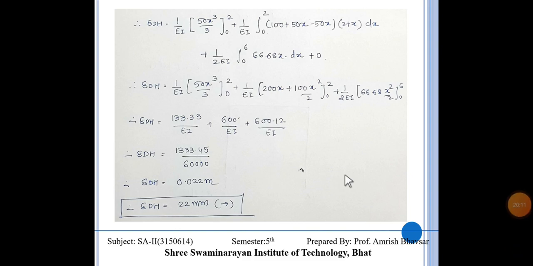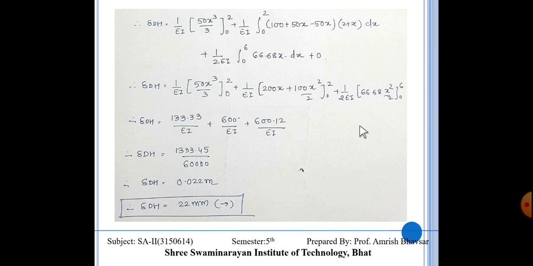Clear, everybody? So using Castigliano's first theorem, we can get the values of deflection and rotation, as we know.